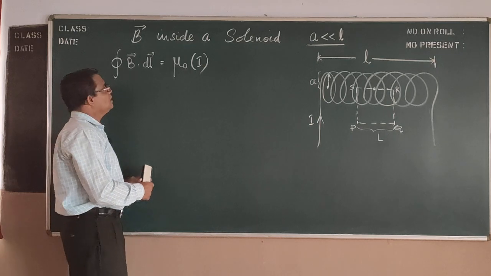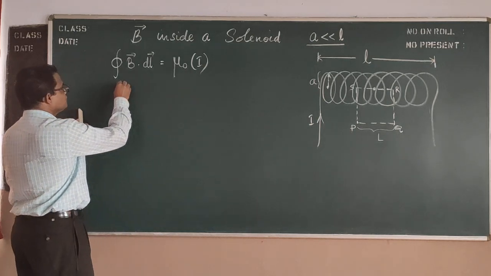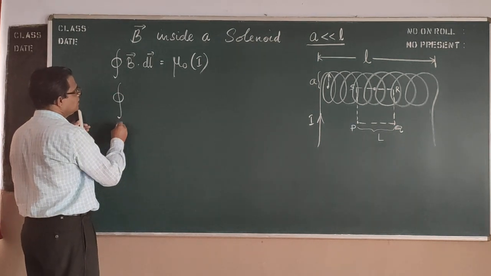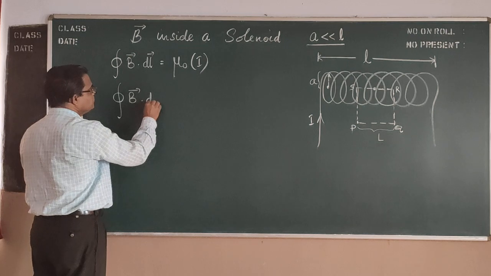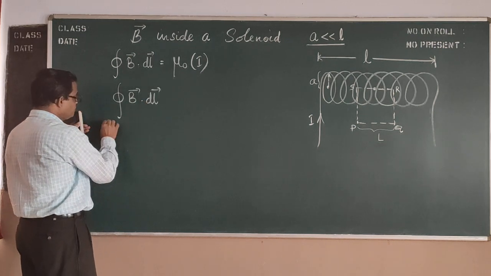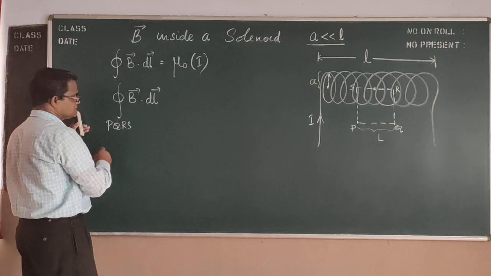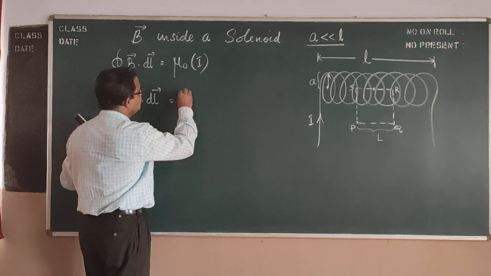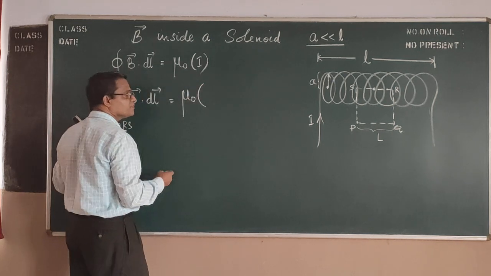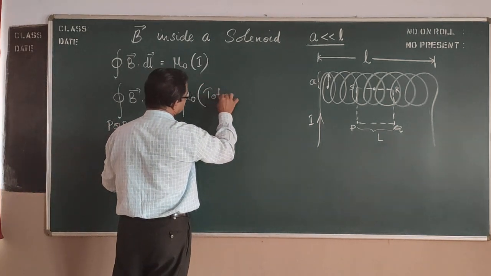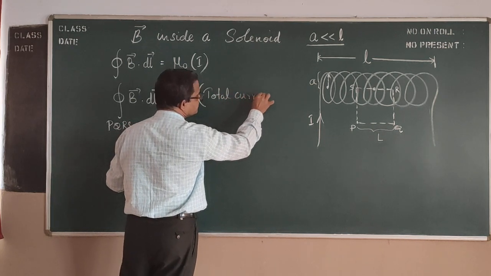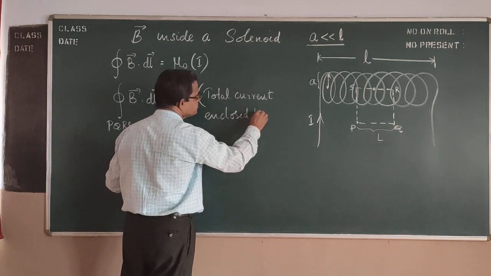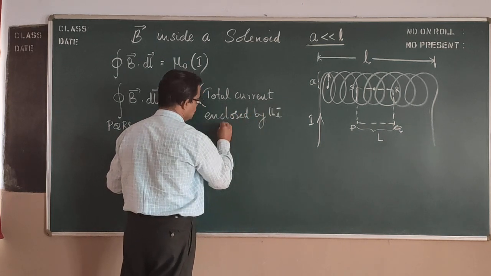Now here I rewrite this equation for this particular situation: closed integral B dot dl for PQRS, this is the closed loop, will be equal to mu 0 times the total current enclosed by the loop.